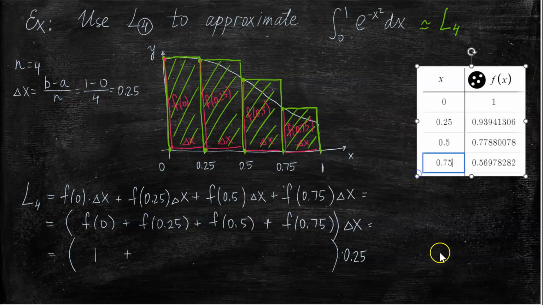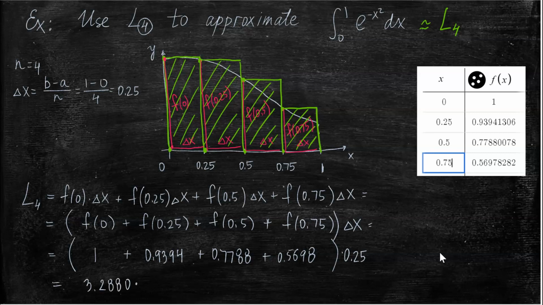And let's finish this problem, right? So we have at 0 the function is equal to 1, at 0.25 it's equal to 0.9394, at 0.5 it's 0.7788, and at 0.75 it is 0.5698.